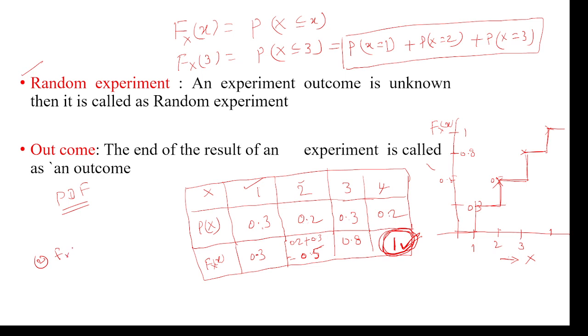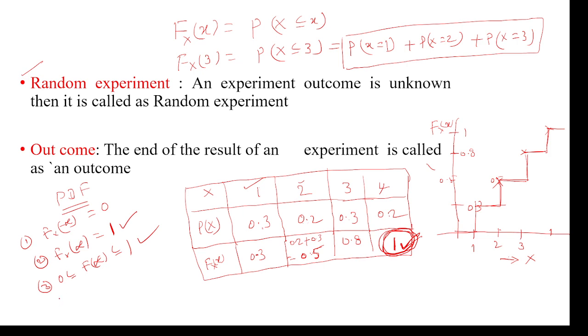F of infinity equals 1. Always the maximum distribution is equal to 1, and the minimum distribution is equal to 0, like probability, 0 or greater than or equal to 0. And the third property we need to remember is that it always lies between 0 and 1.